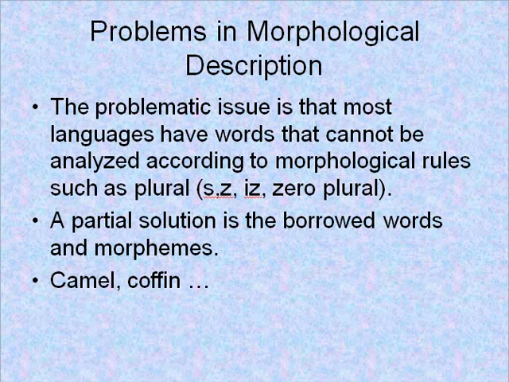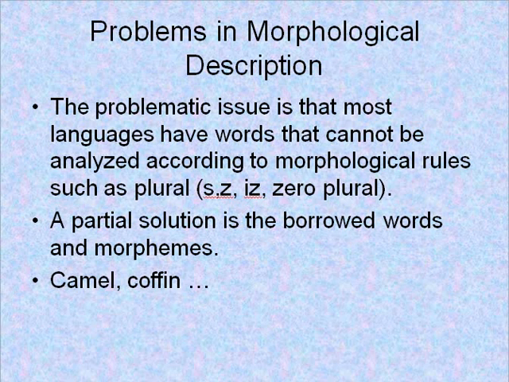Sometimes the morphological rules of the borrowing language are applied, but this takes so long, and other times they cannot. Why? Because they are not compatible with the rules of the borrowing language. This is one of the most significant problems.